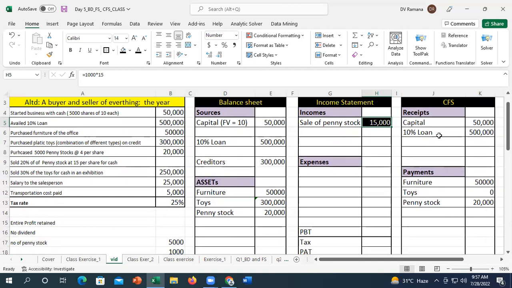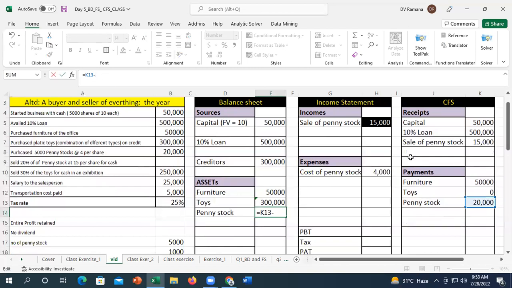Is it for cash? Yes, there is a receipt and this is an income. But because of the matching principle, there has to be corresponding cost of the penny stock sold. And the cost of the penny stock sold is equal to 1,000 at the rate of 4. So 4,000. So what is the value of the penny stock left now? The penny stock left will be 16,000.